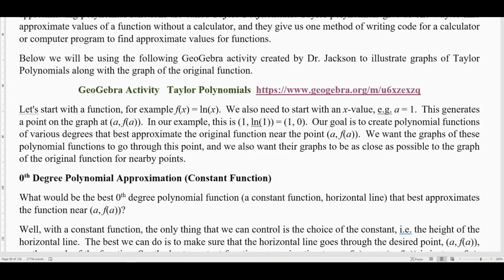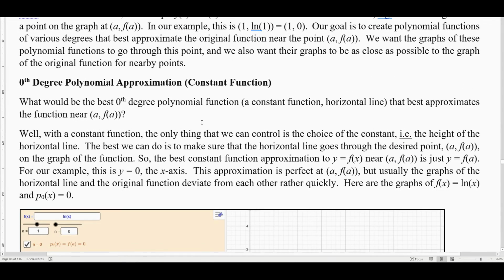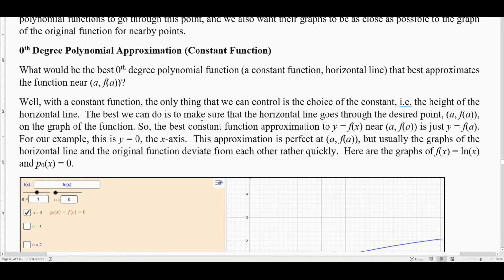So let's first back up to something more basic than what we did earlier in Cal 1, and that's what if we could take a 0th degree polynomial approximation. Well, remember, a 0th degree polynomial is just a constant function. So the question could be rephrased as, what would be the best 0th degree polynomial function, in other words, a constant function or a horizontal line graph, that best approximates the graph of the function near a, f of a?